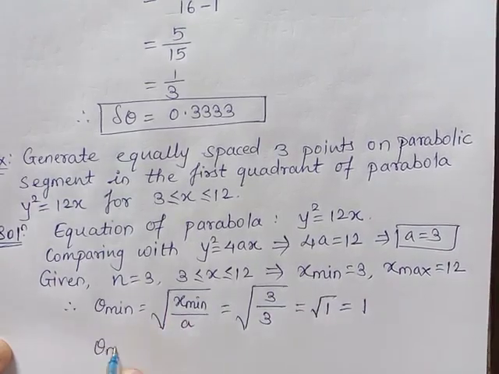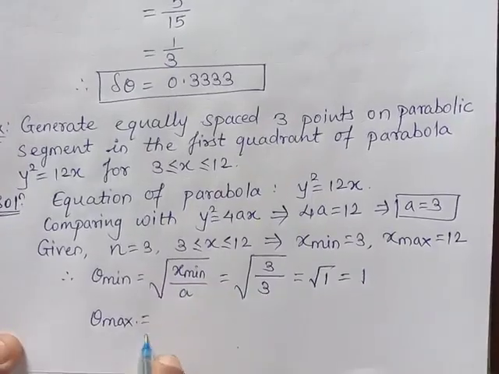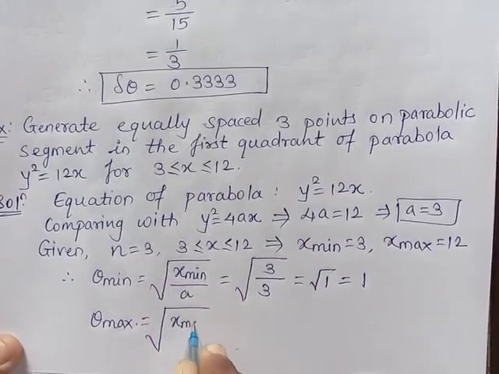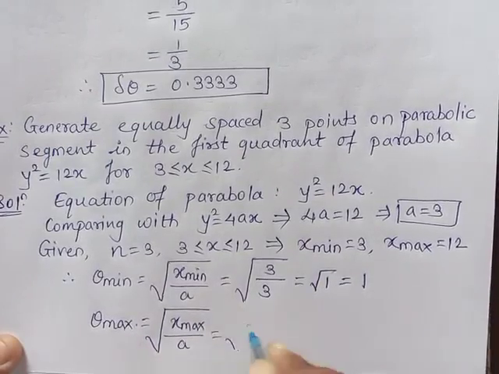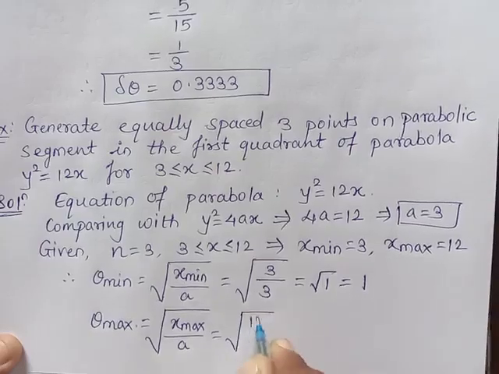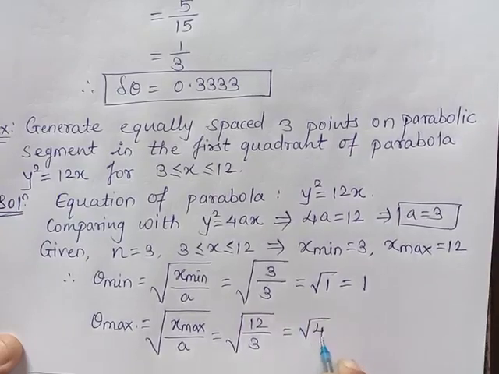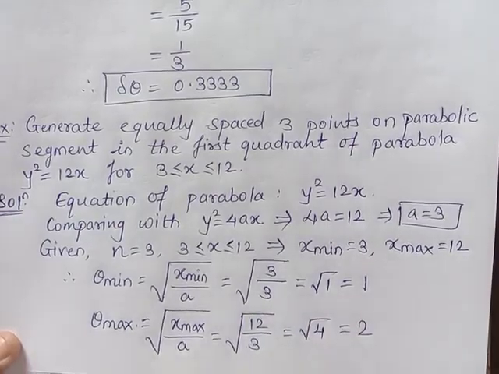Theta maximum is what? Root x maximum upon what? a. So x maximum is how much? 12 and a is 3. So it is root 4, and that is what? 2. Okay. Now delta theta.